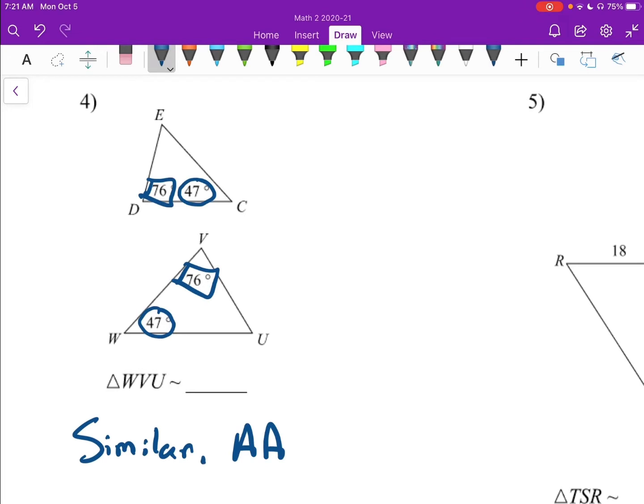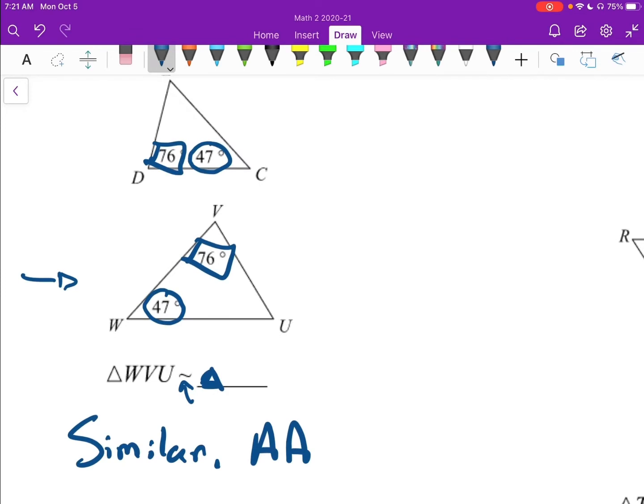Now for the similarity statement. So they say here triangle WVU, that's talking about this bottom one here. And then this little symbol there means is similar. And then we're going to say it's similar to triangle. Well, it's similar to the top triangle, but we have to name it in a special way. The order of the points here matters. So in the first triangle similarity statement, W is first.